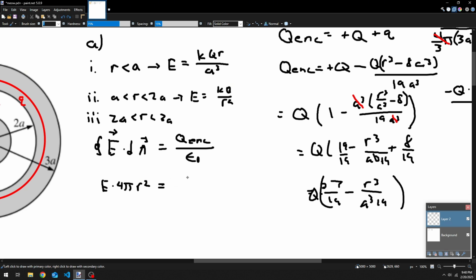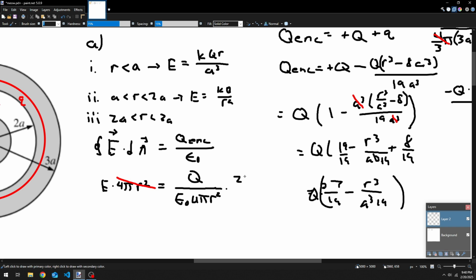So this equals Q enclosed, and I'll divide now by 4 pi r squared, and then I forgot about this chunk.